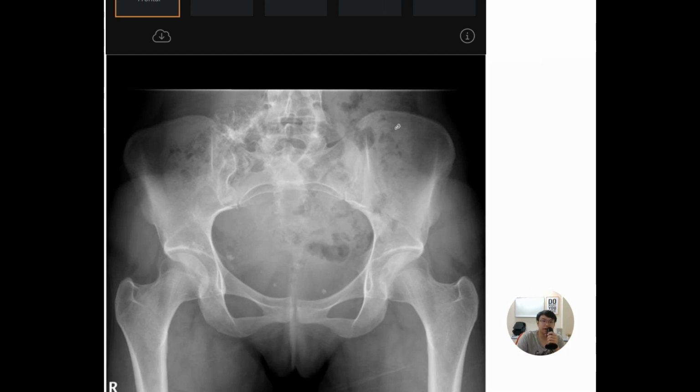At first glance, the included lumbosacral spine alignment is okay, and the bilateral pelvic bones, including the ilium, acetabulum, ischium and pubic bones, and the pelvic ring are basically okay.